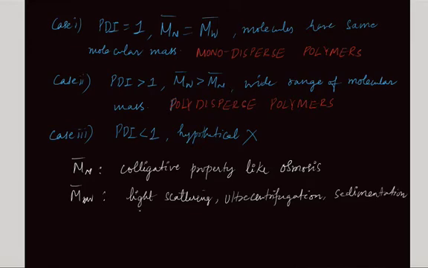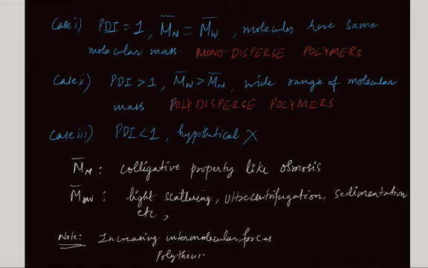So these are different techniques by which you can calculate Mn and Mw. Now, polymers in increasing order of their intermolecular forces: polythene would have fewer interactions than Gona S, which would have fewer than nylon 66.